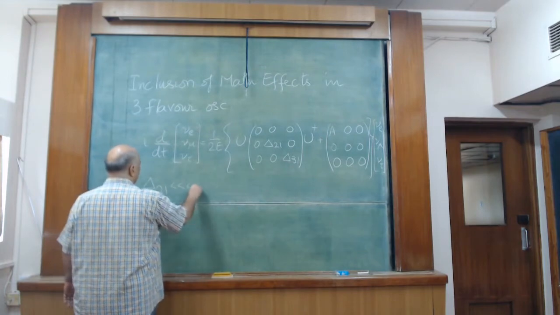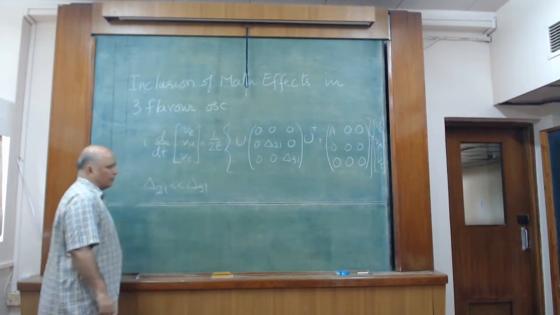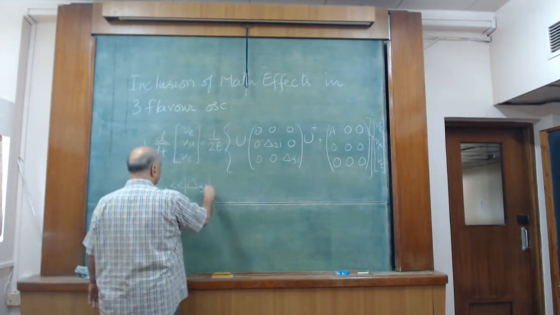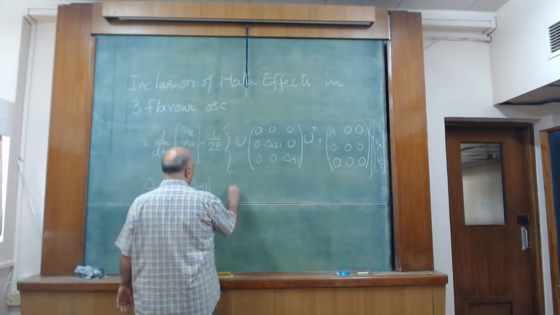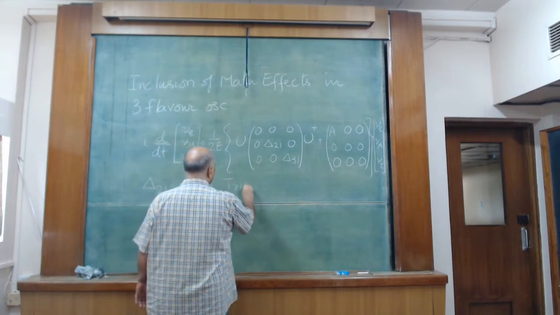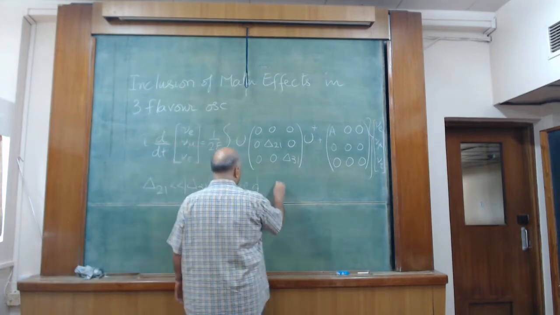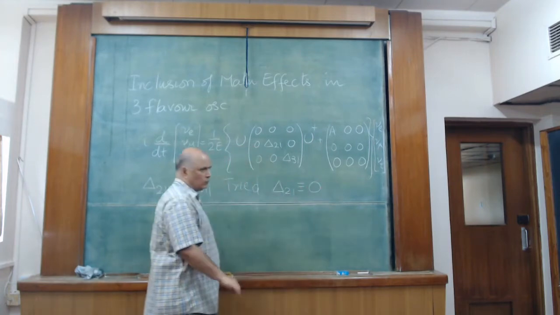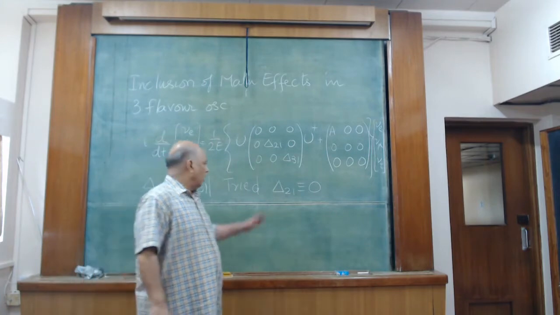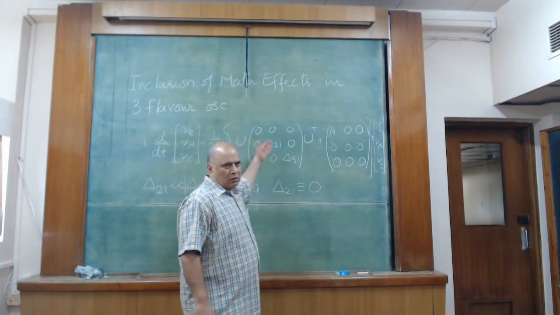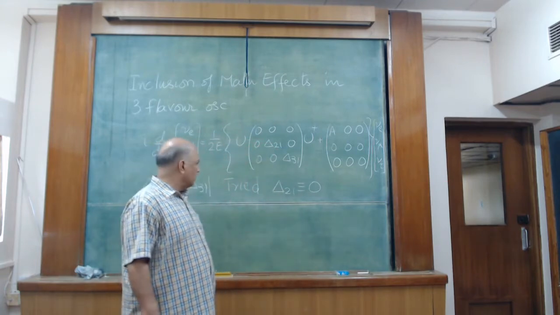Since delta 2 1 is much less than delta 3 1 in magnitude, we approximated, sort of tried setting delta 2 1 equal to 0, and this is of course an approximation, but this is as I discussed in the previous lecture.